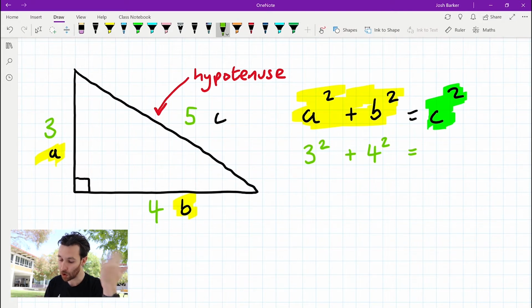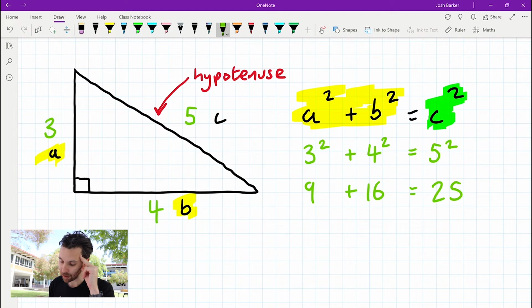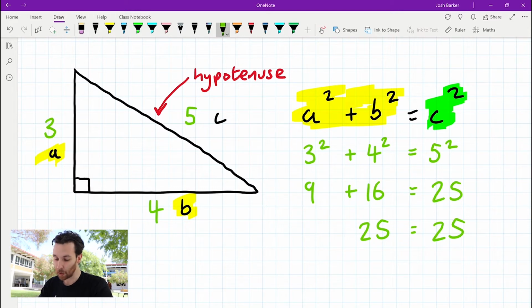Adding those two together should give me the value of the hypotenuse squared, which for this triangle is 5 squared. So 3 squared is 9, 4 squared is 16, 5 squared is 25, 9 plus 16 is indeed 25, and 25 equals 25. You won't always get nice square numbers like that. These are called Pythagorean triples, where they work out exactly, but it's just to show you that it indeed works.